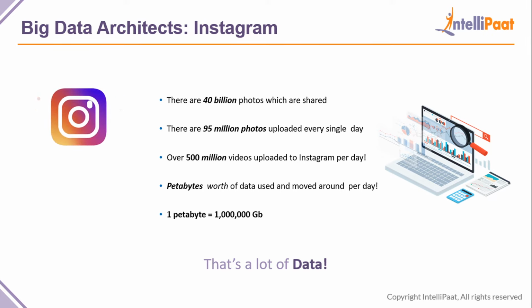Again, Instagram, we just go there to like people's pictures, put in some of our pictures, and just relax, right? But when you think about it, us relaxing on Instagram is pretty much uploading 95 million photos and 500 million videos every single day. Then let's talk about Twitter. There are 6,000 tweets every single second of every single minute of every single hour of every single day. 6,000 tweets might not seem like a lot, but there are 500 million tweets every day.